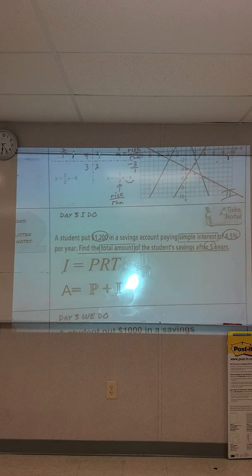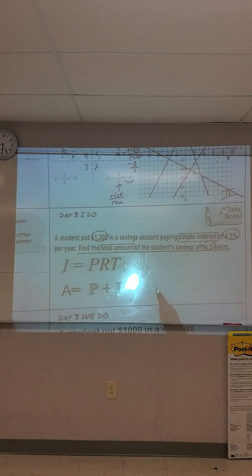And then the next year, if they didn't take any of the $1,200 out, another 4.5% of the $1,200 will get added to the $1,200. However much interest was earned at the end of that first year is ignored when making the interest calculation. So let's figure out the total amount of the student's savings after 5 years.